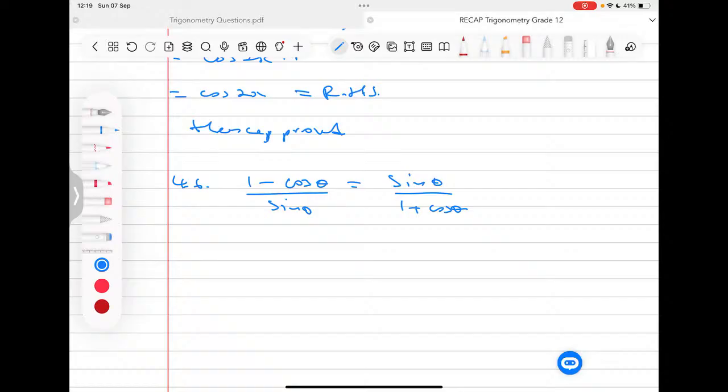These two sides, they look fairly the same to me. I think any side that you take here would really give you the same answer. Maybe I can take the right hand side for a change, right? And we're having sine theta over 1 plus cos of theta.